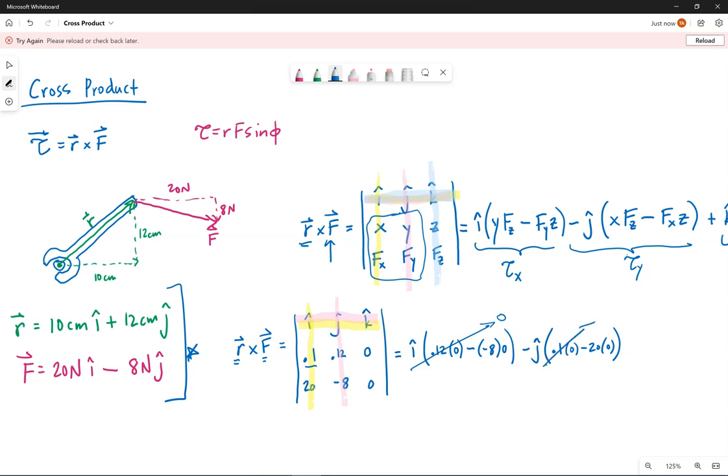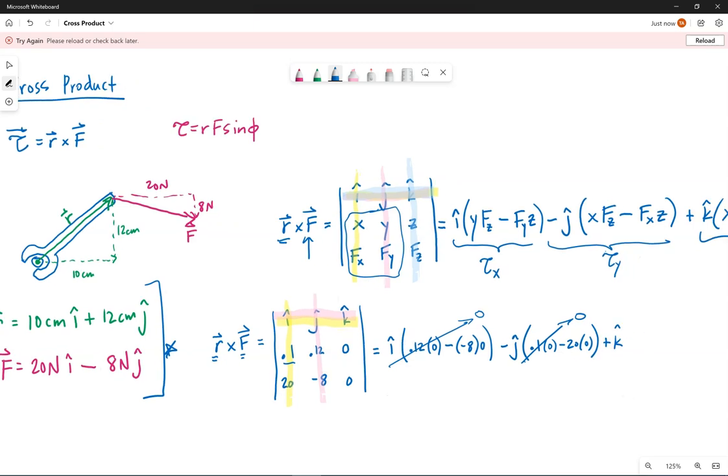But again, this one ends up being 0 as well. When there's no z component of the lever arm or the force, there does not end up being rotation around the x or y axis, which we probably could have anticipated from the beginning.